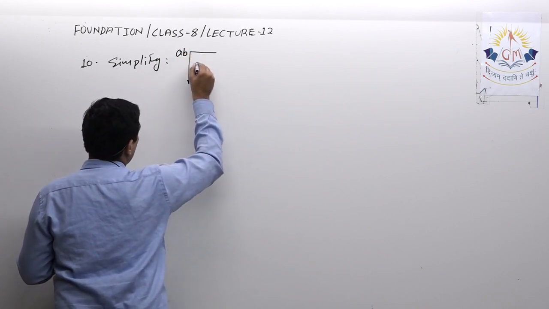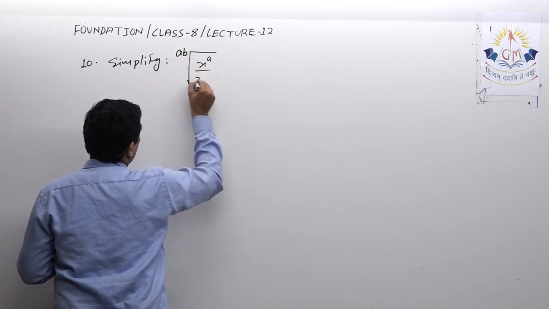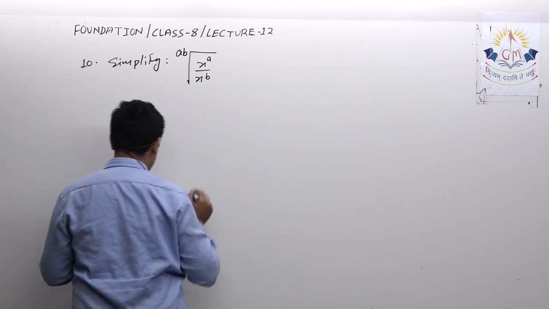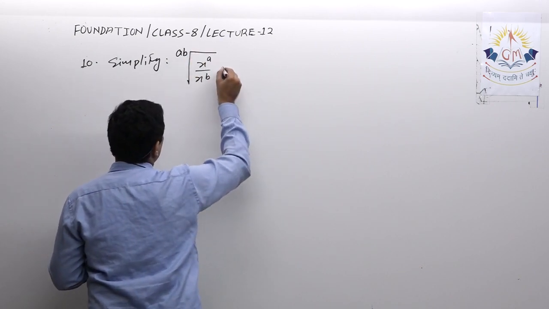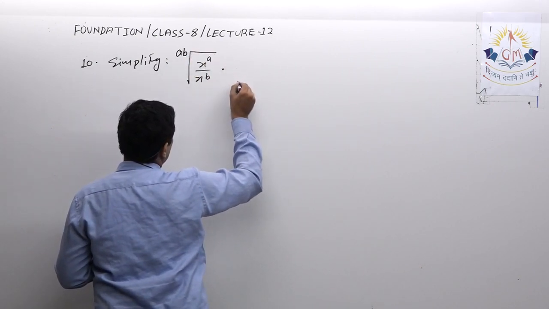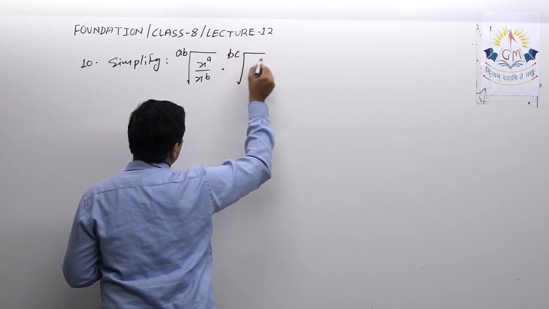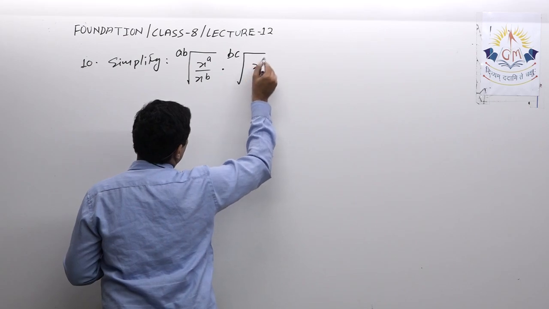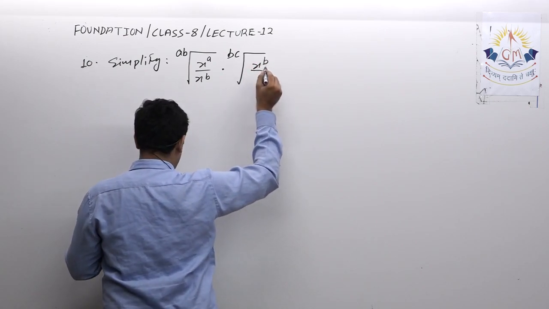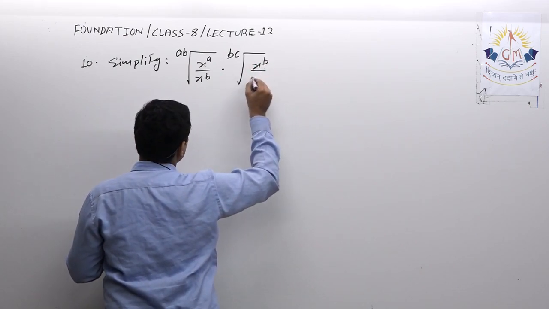X raised to A upon x raised to B, abth root of x raised to A upon x raised to B, then bcth root of x raised to B upon x raised to C.